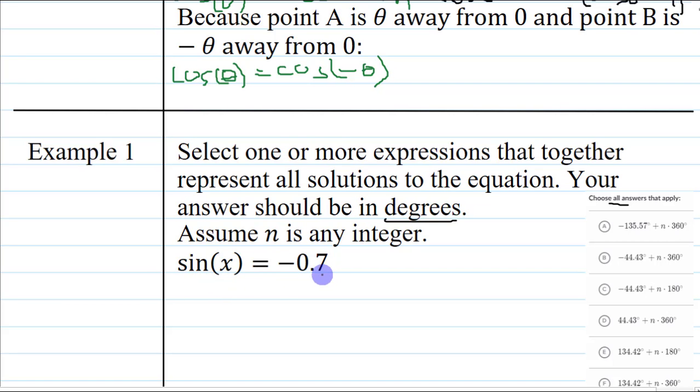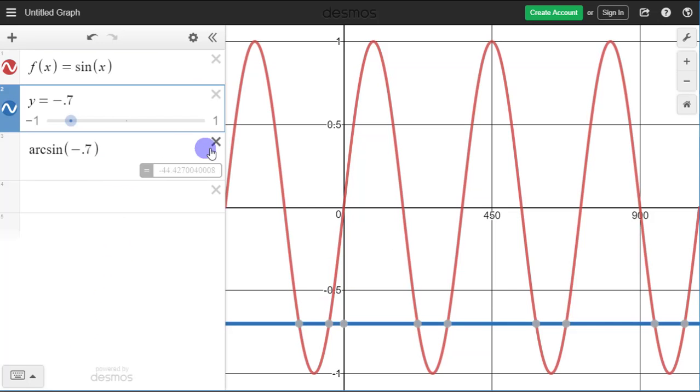Sine of x equals negative 0.7. We need to solve for x, essentially. To solve for x, to get rid of the sine, we're taking the arc sine of both sides. So I'm taking arc sine, or sine to the negative 1 of the left-hand side, and sine to the negative 1 of this side. So x will be equal to arc sine of negative 0.7. What is arc sine of negative 0.7? Let's figure that out.